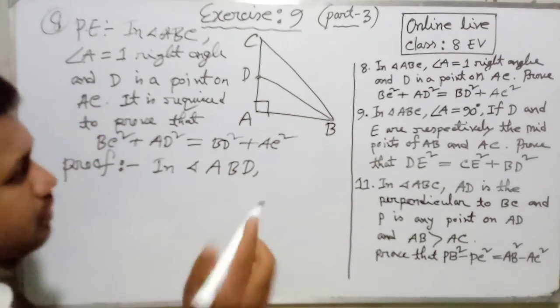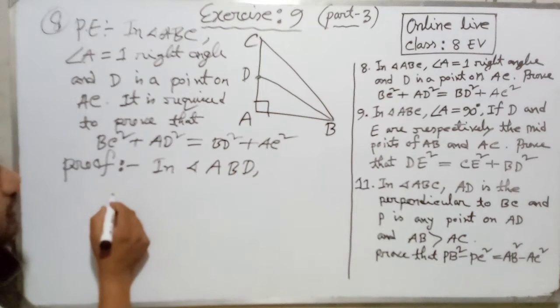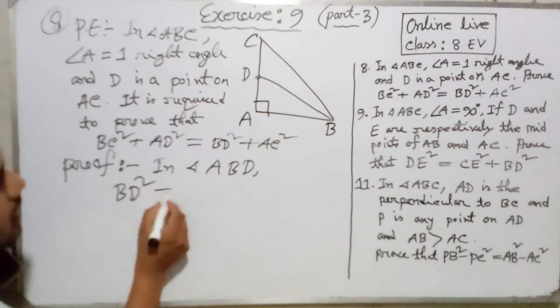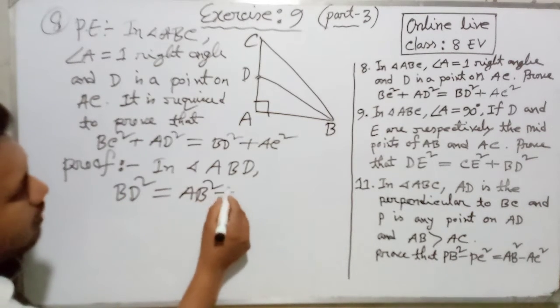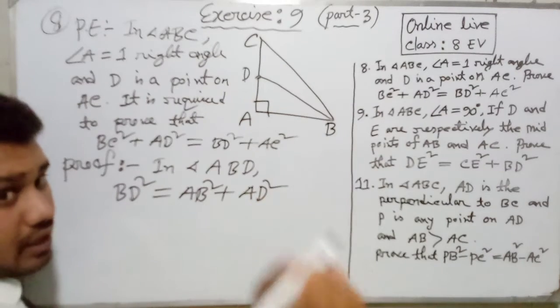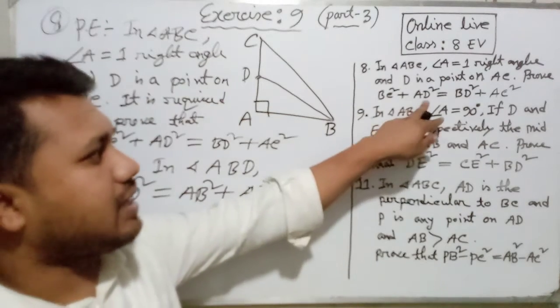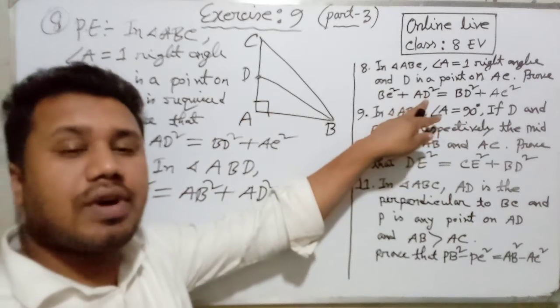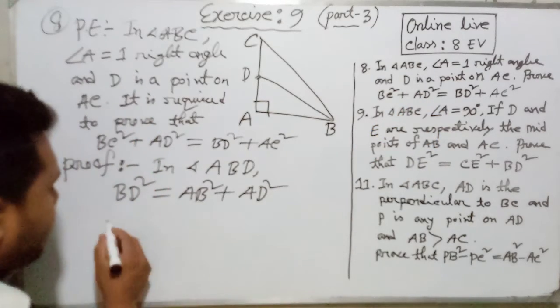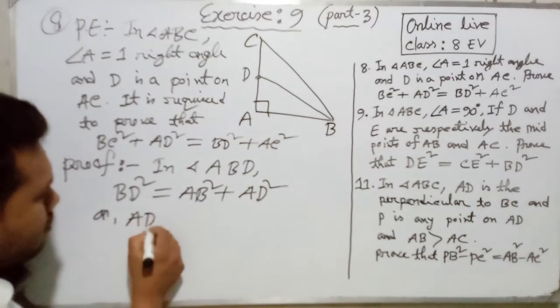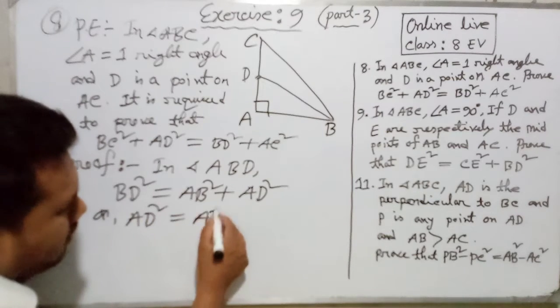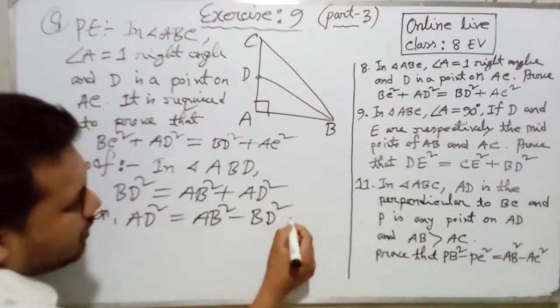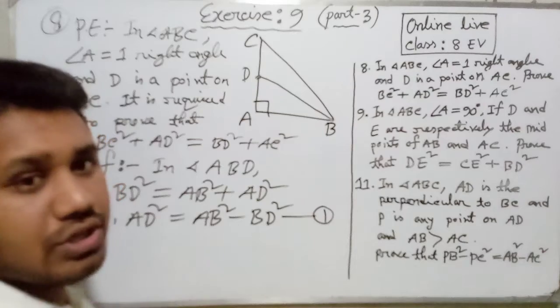So according to the Pythagoras theorem, we can write BD square equals AB square plus AD square. Now we have to find the value of AD, so AD square equals BD square minus AB square. This is our equation number 1.